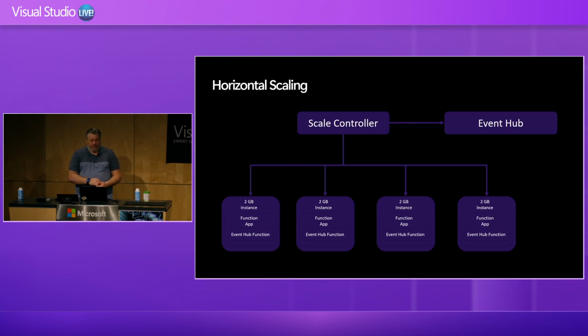And in this scenario here, for example, we have Event Hubs as the event source. We have a component in Azure Functions, which is called the Scale Controller, a platform component. And it is monitoring those event sources, or at least the instances are talking to the Scale Controller saying this event source requires more instances, and then the Scale Controller will talk to the platform and scale out your app.